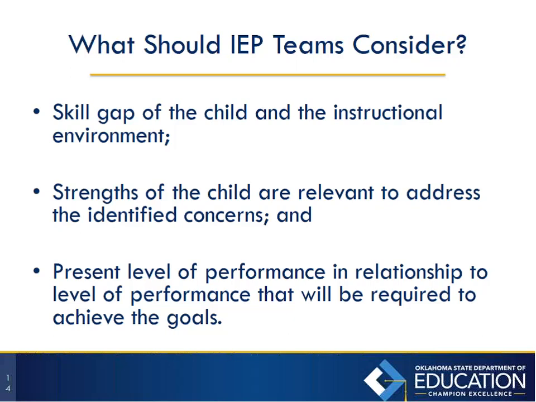That skill gap is what would be most likely to be addressed in the entire IEP so that that gap can be minimized and diminished over time. The strengths can be addressed so that sometimes whatever is known as an area of strength can be a motivating factor to address the student's area of need. And also the present levels of performance are in relationship to the level of performance that would be required to achieve the goals.